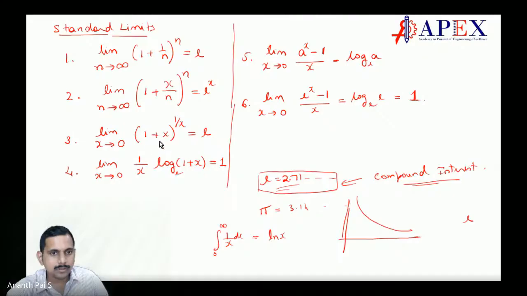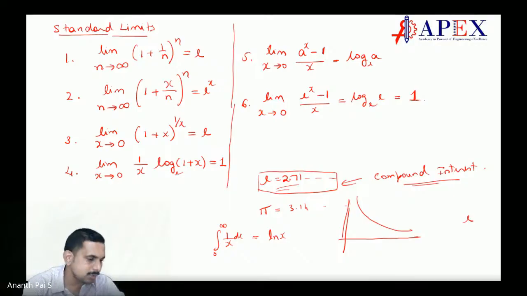Sir, in the third one, if x is equal to 0 only, then we can apply the rule, no, sir? Here it is infinity. Let us see that. x raised to 1 by x can be done even for infinity.